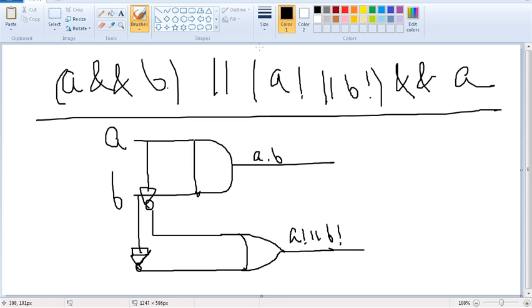Right. Now finding the OR operation of both the values. This is this value, this is this value. Then find the OR operation. This is your OR operation. Find the OR operation of this value. Right. Then next is AND A, means finding the A.